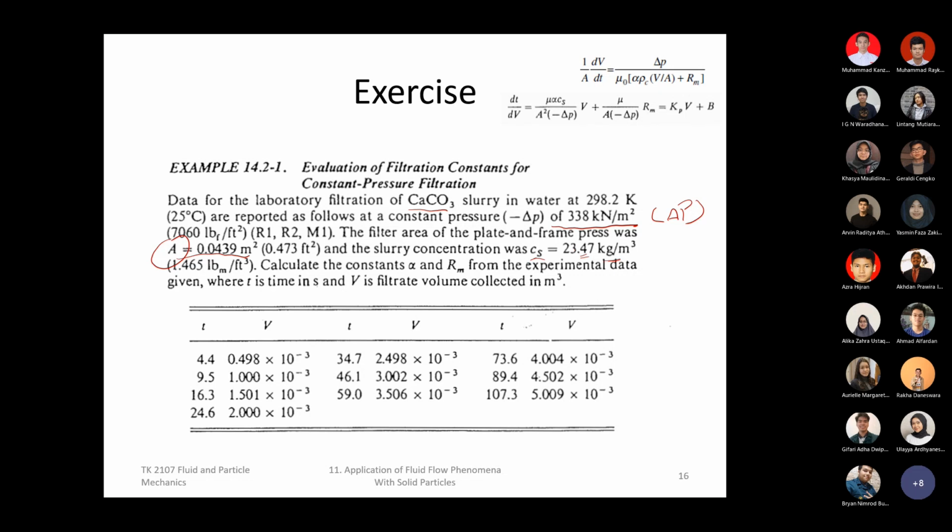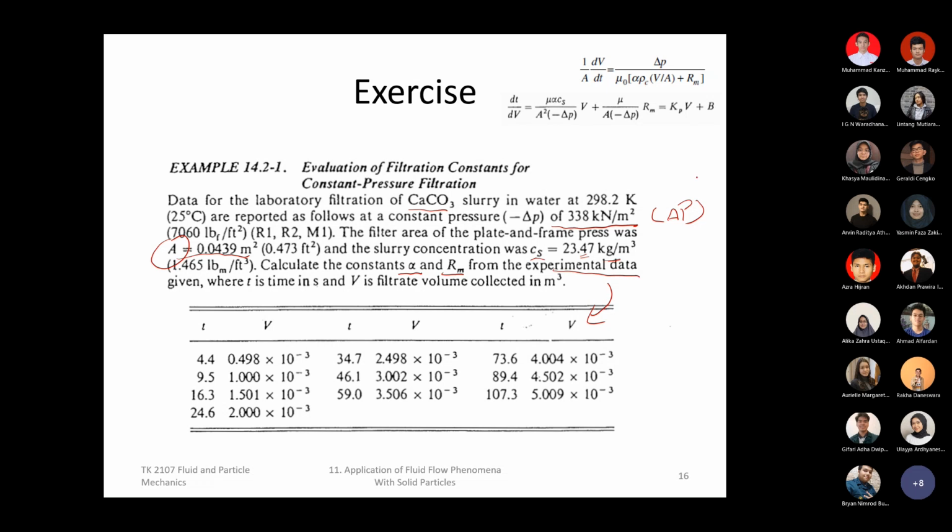And if you see that the experimental data is provided as can be seen in this table, calculate the constant alpha and calculate the constant Rm of the particle. So this is like a measurement when you have a fixed area.